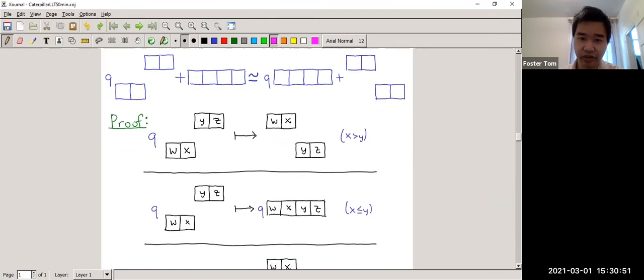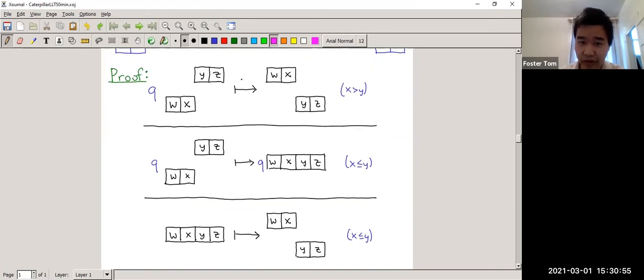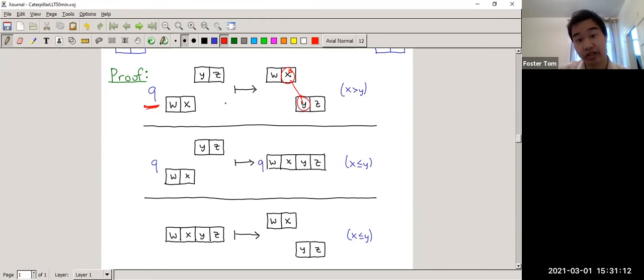And indeed, it wasn't too difficult to find such a bijection. There are a few different cases, but essentially I can get a bijection between tableaux of either of these two shapes and tableaux of either of these two shapes. The only thing I'll mention is here I have one inversion, and then that balances with the q here. So I just need to check that this kind of thing works.